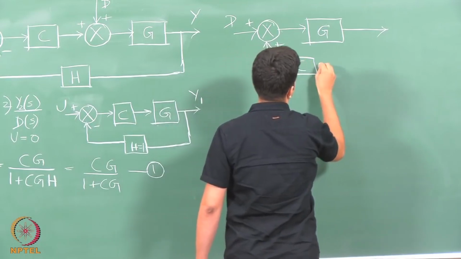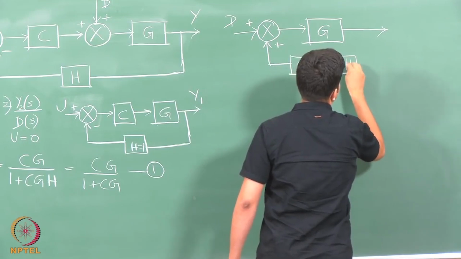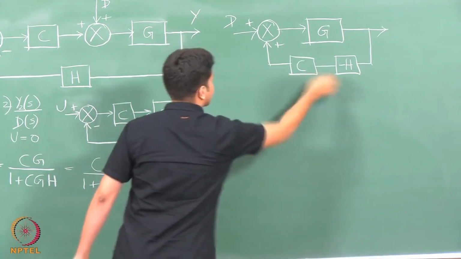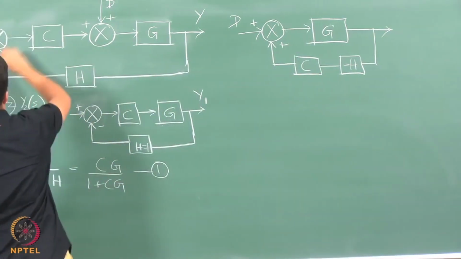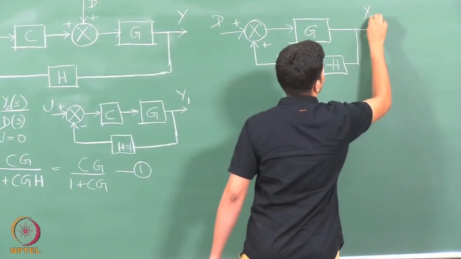Put this as C, and because it is a negative feedback I will take it as minus H. So, C and H go into the same loop because this completely vanishes, and now this is y2.